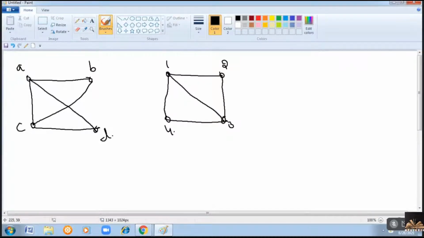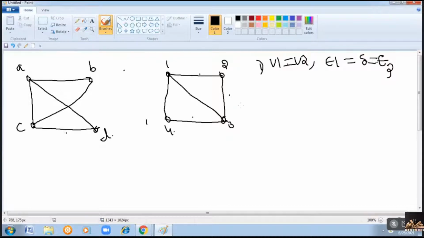So here the number of vertices are 1, 2, 3, 4 and 1, 2, 3, 4. So the number of vertices is the same. What is the number of edges? 1, 2, 3, 4, 5. E2 also has 1, 2, 3, 4, 5. Yes, so the number of edges is the same.